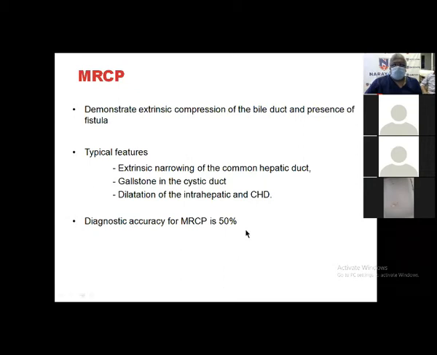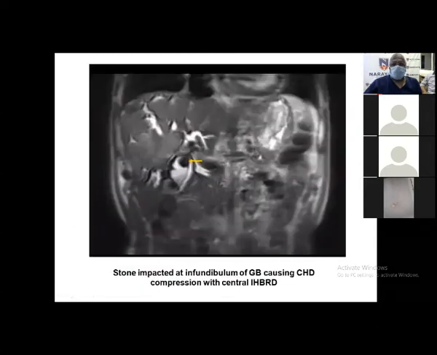Diagnostic accuracy of MRCP is to the tune of 50%. You can see how beautifully the duct is compressed, and that is the stone impacted, causing a compression with a proximal dilatation of the IHBRD. It is more a central IHBRD, not peripheral.